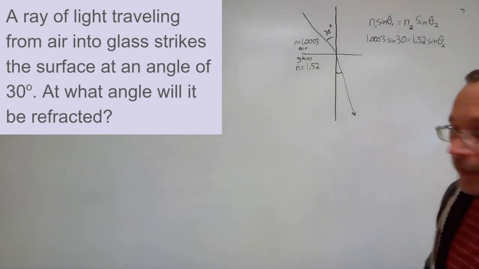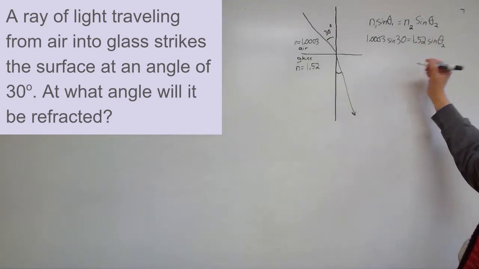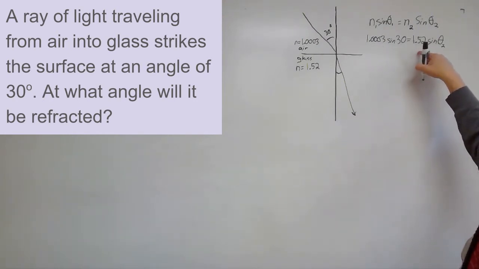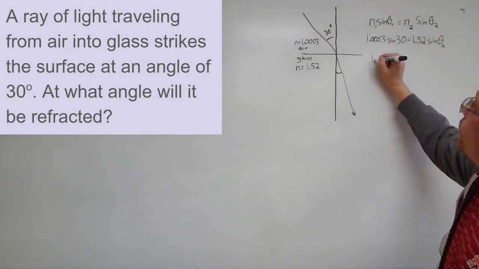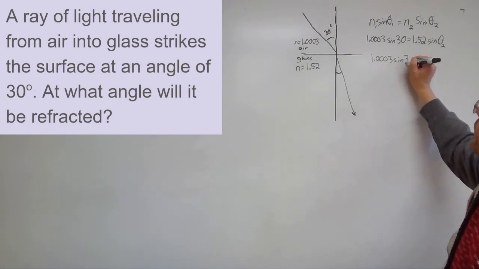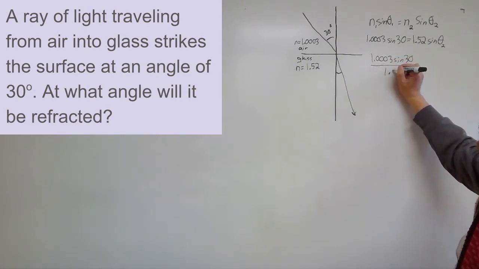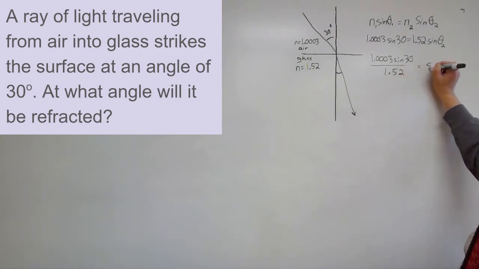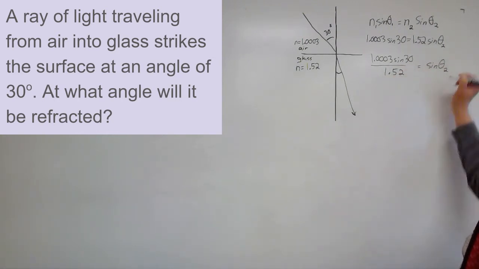Well, we can solve this a little bit first. I'm going to divide both sides by 1.52. So 1.0003 times the sine of 30 divided by 1.52 would equal the sine of theta 2.